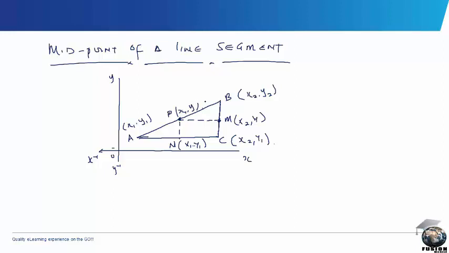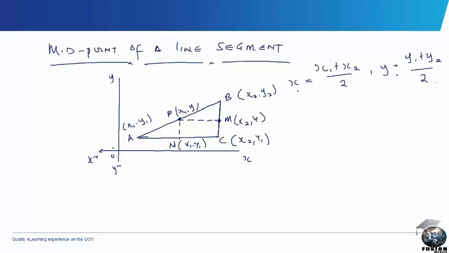The most important thing here is to note that all we just did was to find the midpoint of the sides, such that x1 plus x2 divided by 2 forms x, and to form y we have y1 plus y2 over 2. So this is the midpoint at x, and this is the midpoint at y.